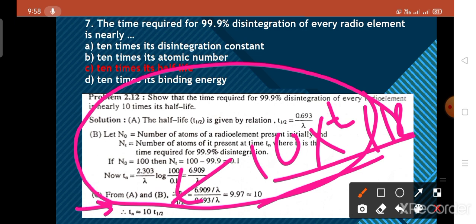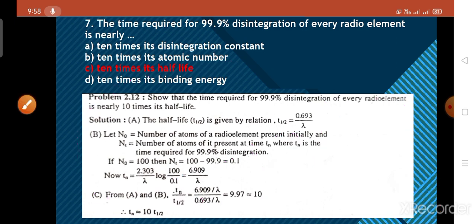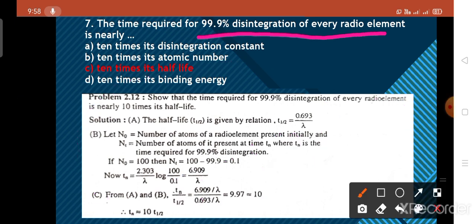So the time required for 99.9% disintegration of a radioactive element is 10 times its half-life, because N0 is the number of atoms of a radio element present initially.